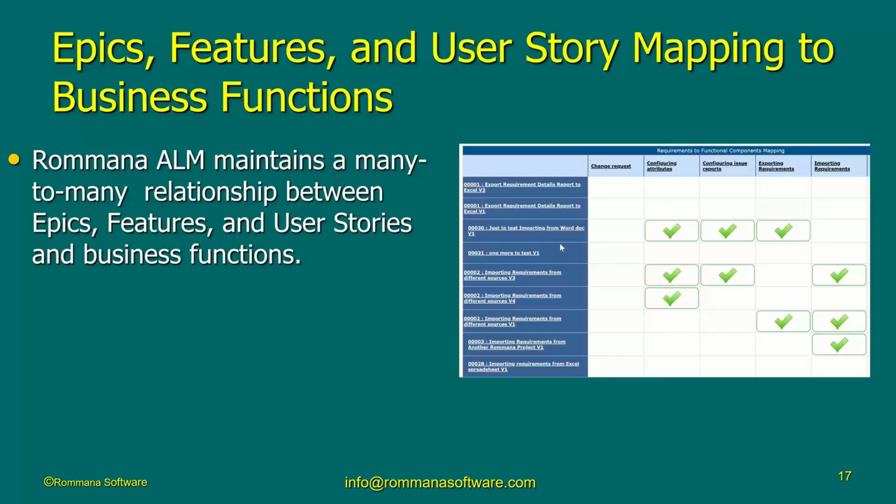Which means this user story here is serving 3 different business functions. This user story here is serving only 1 business function, and so on. So if it is important to you to relate your user stories to what business functions the user story is supporting, you can do that. It's a many-to-many relationship.